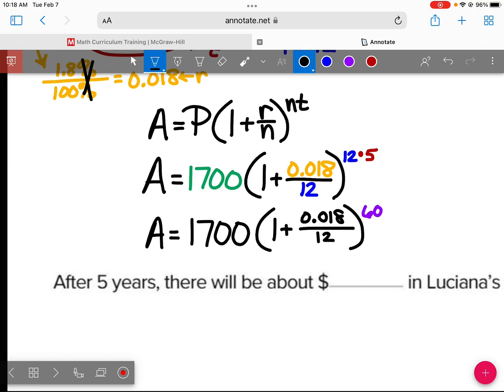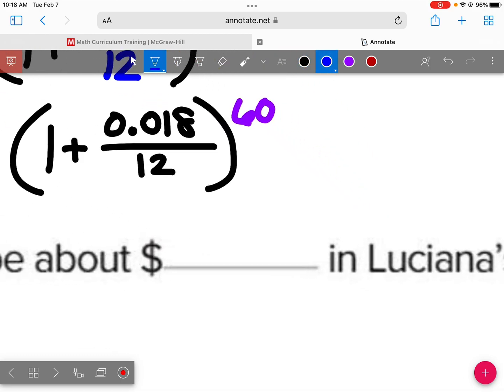More or less than we started with? More. Is it up to 2,000 yet? No, so it's still 1,000 something. But it's more than 1,700. 1,859.